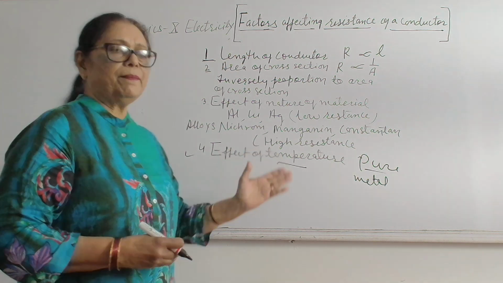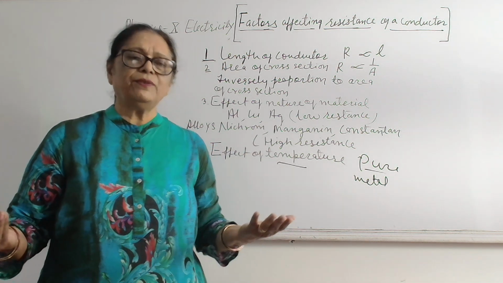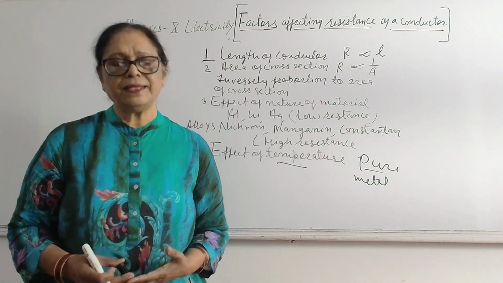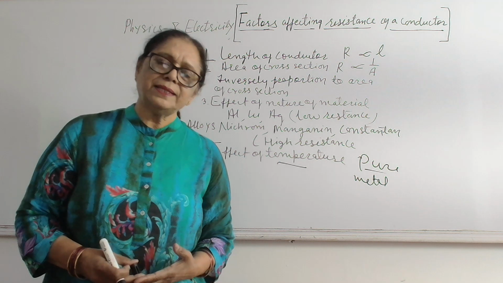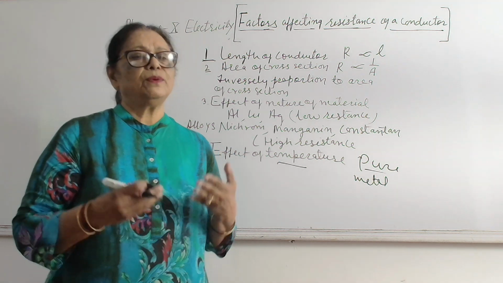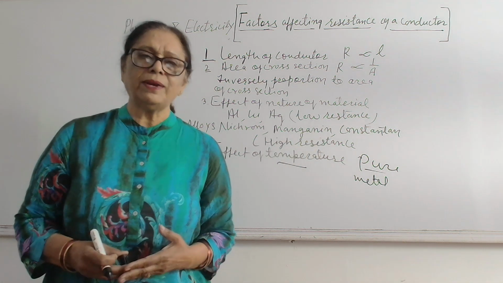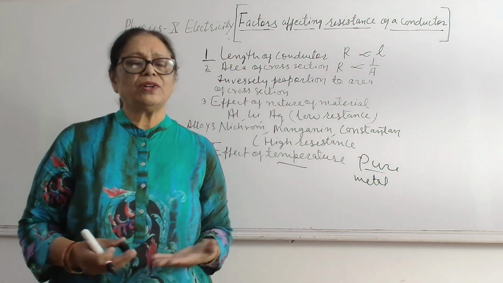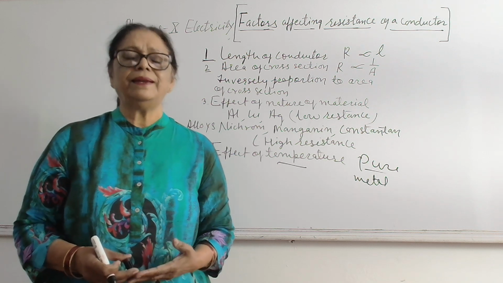And effect of temperature: pure metals, if you increase the temperature, their resistance will also increase, and if you decrease the temperature, their resistance will also decrease. So pure metals depend करते हैं temperature में उनका resistance, but the alloys, the temperature does not affect them. Their resistance के ऊपर temperature का कोई असर नहीं होता.